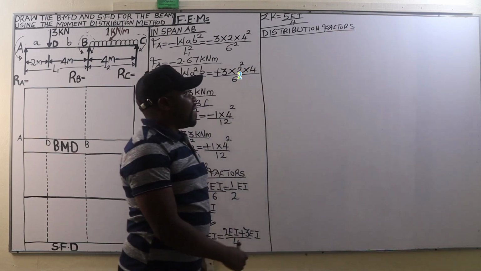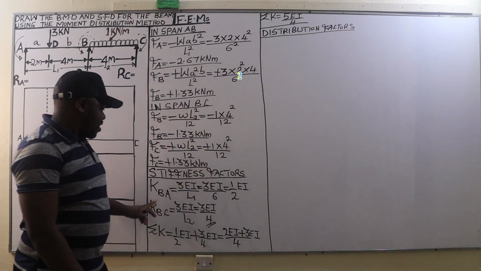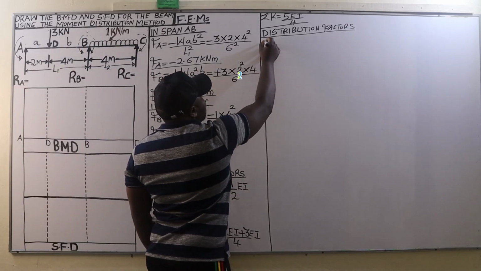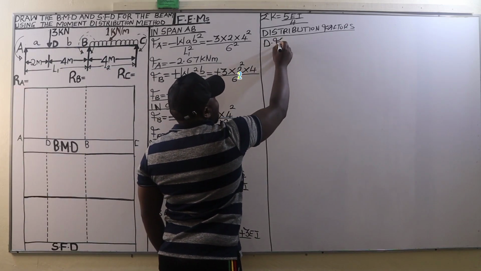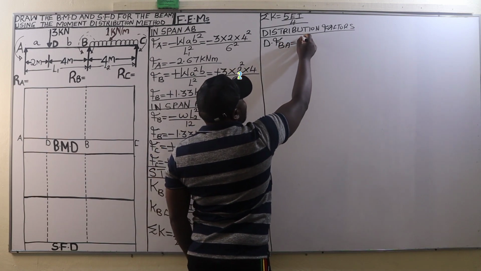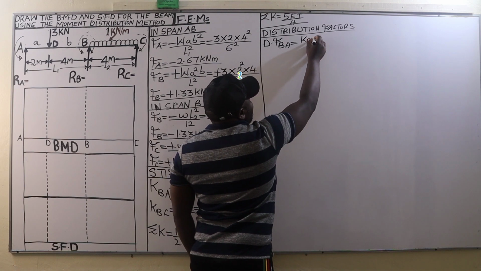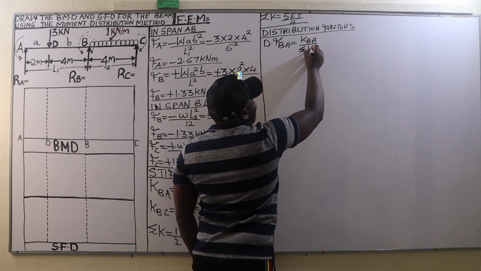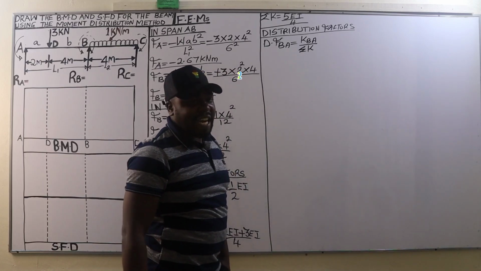And for the distribution factors, we are going to begin with the distribution factor on the member BA. This is going to be given by the stiffness factor on the member BA divided by the summation of the stiffness factor.